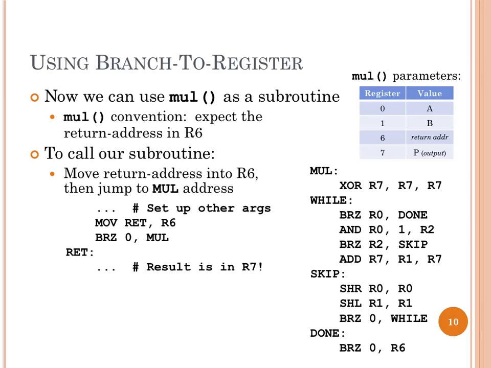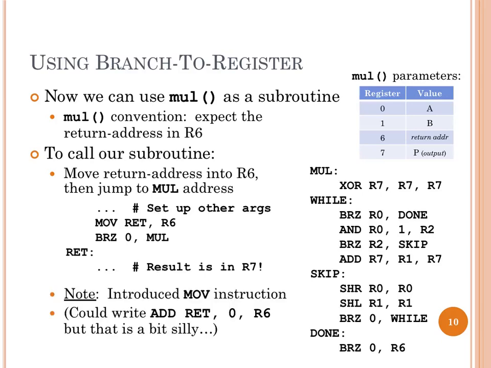And as if by magic, we come back and R7 contains the value that we wanted to compute. All right, everybody with me? Cool. No problemo. Now we can actually do stuff. You can see here that I have introduced a move instruction just because it's ridiculous to write add 0 value register.